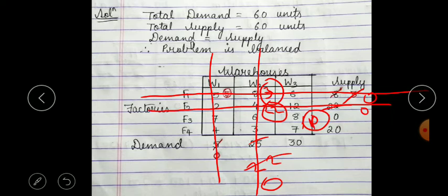Okay, 10. Understand, this is 10. So the remaining part, this is 0, this becomes 20, right?